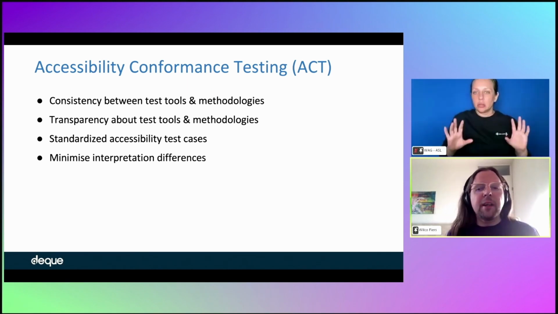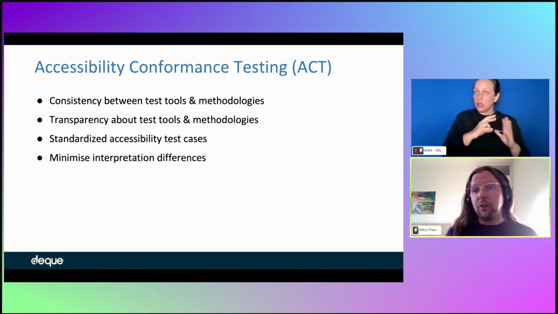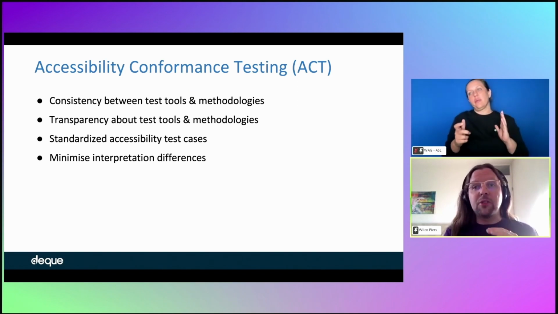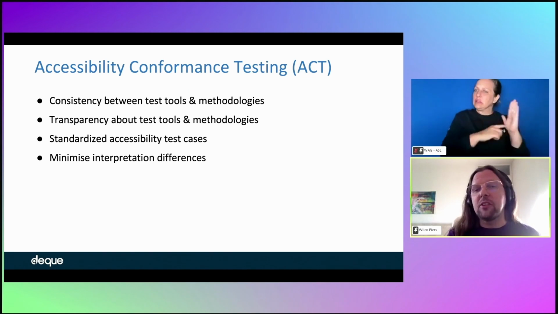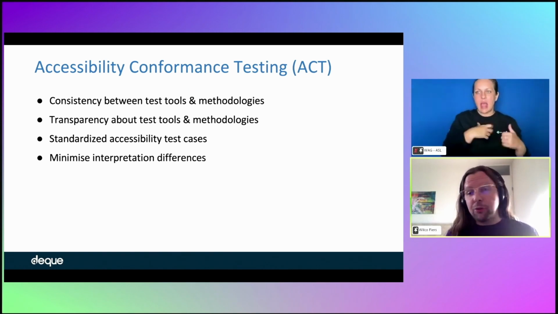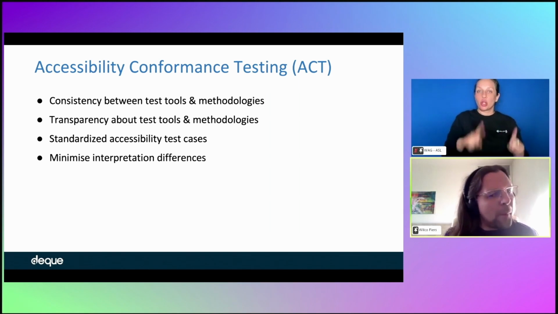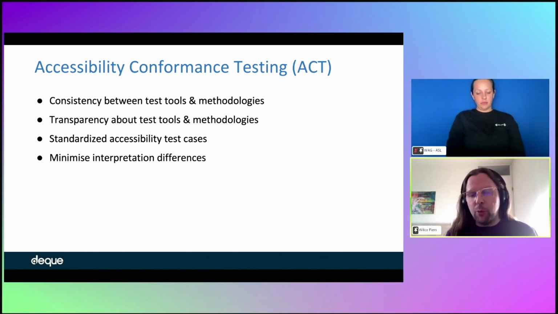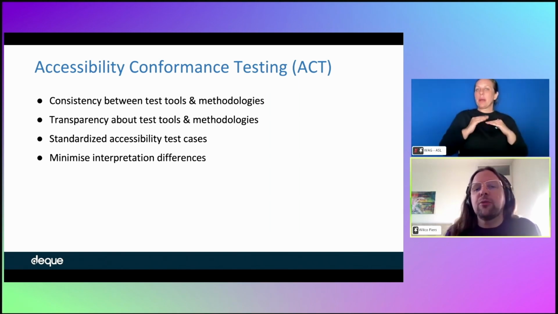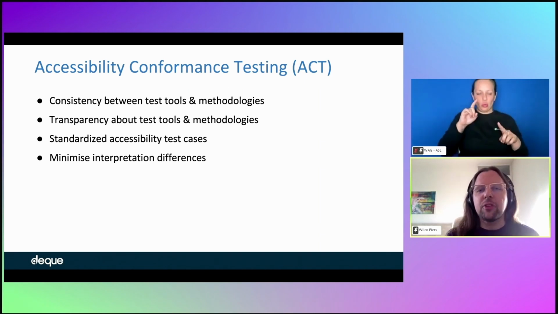And the way we're doing that is through standardized rules. These are non-normative documents that describe in great detail how to test certain things, and they come with a number of standardized accessibility test cases to show how certain things should work. And this, we're hoping, will minimize the interpretation differences that are out there. So we are working to try to solve some of these issues that the standards have had for a while.